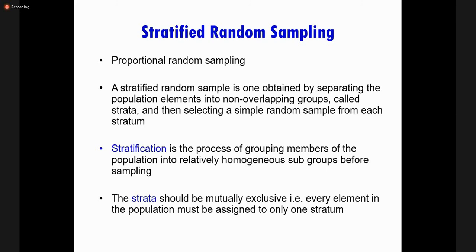And you want to make sure that in your sample you have representation of all those five ethnicities, and you don't want to miss anybody from a particular ethnicity, or you want equal representation of all the ethnicities in your sample. So what you can do, you can divide your population into strata. Stratification is the process of grouping members of the population into relatively homogeneous subgroups before sampling. So you will divide them into 5 homogeneous groups.